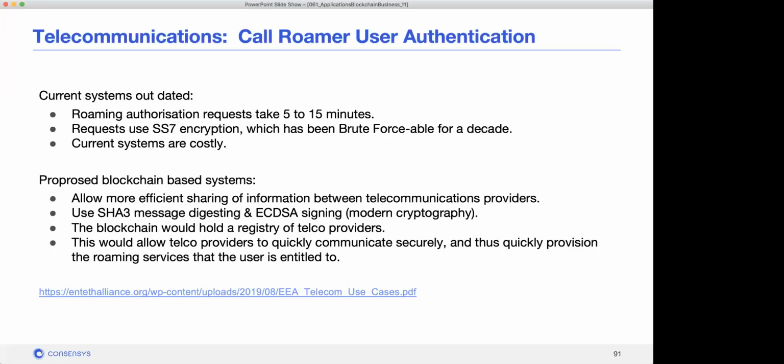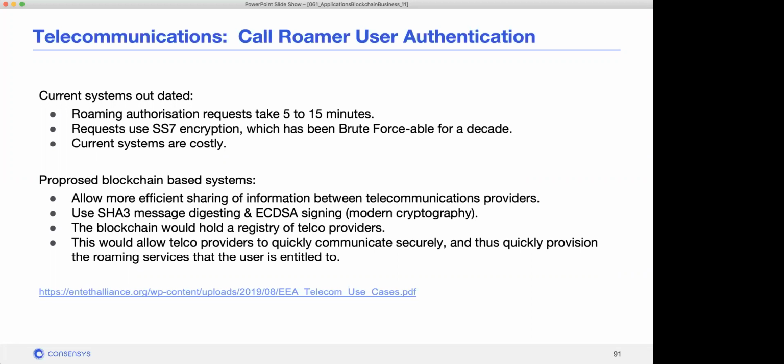So it's been proposed that you use blockchain as a more efficient information sharing platform between telecommunications providers, and that you use a combination of modern cryptography to provide the security, essentially. And the blockchain would hold a registry of the telco providers, so essentially their public keys. And this would allow telcos to quickly communicate securely and thus provision roaming services much quicker and more efficiently.